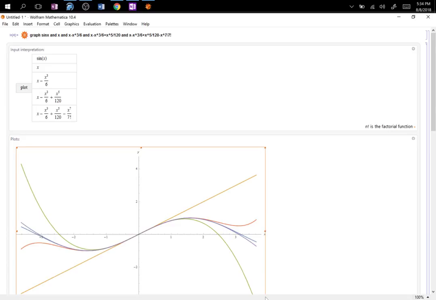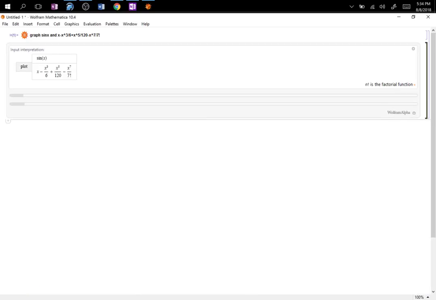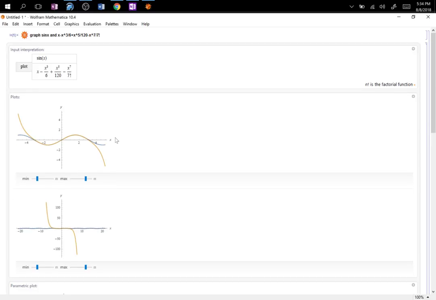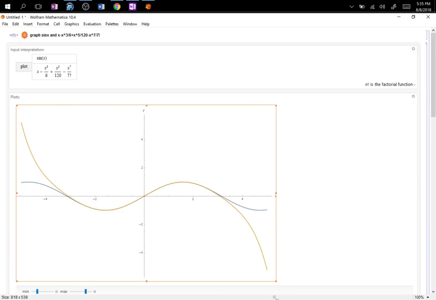If I erase the first few and just keep the last one, so kill all of this right there and push enter. And then you take a look at the blue and the orange, blue being the original function and orange being the approximation.